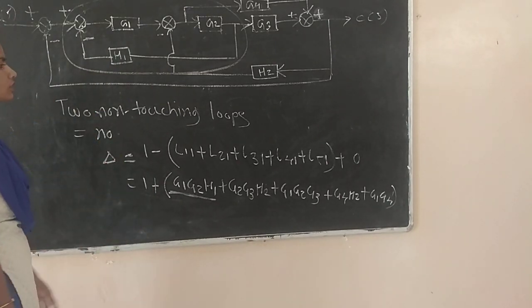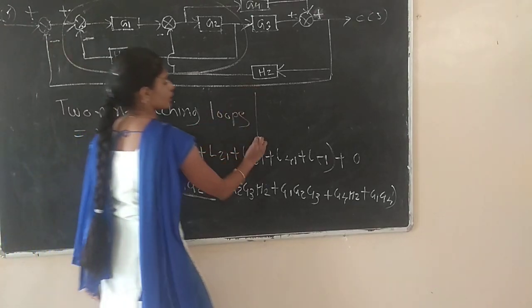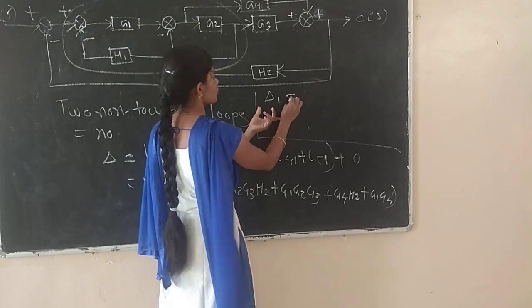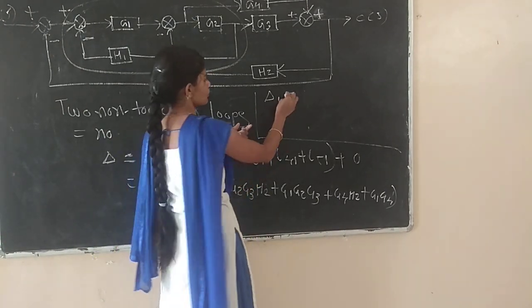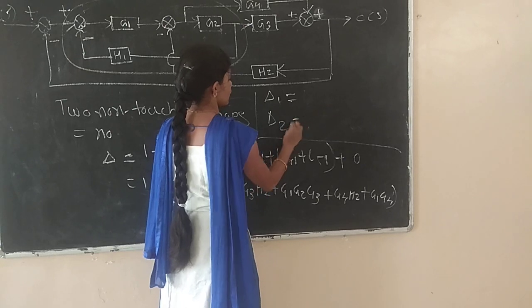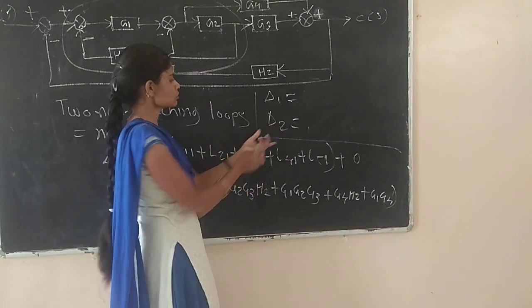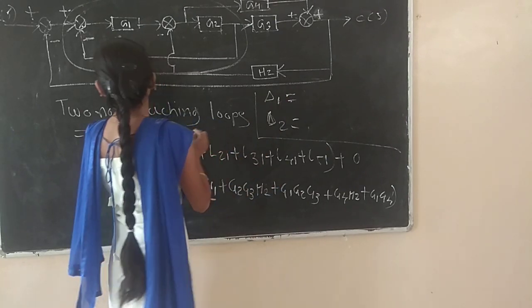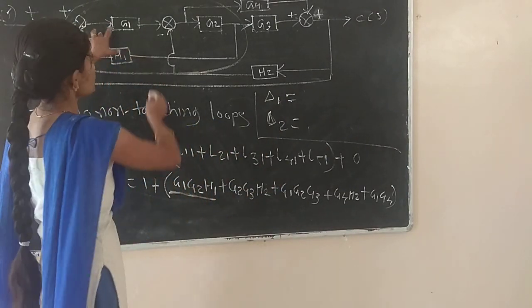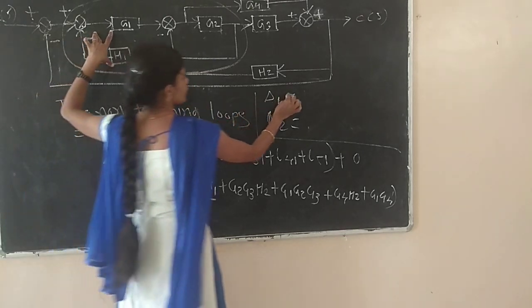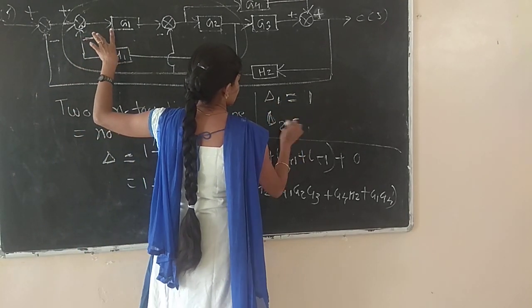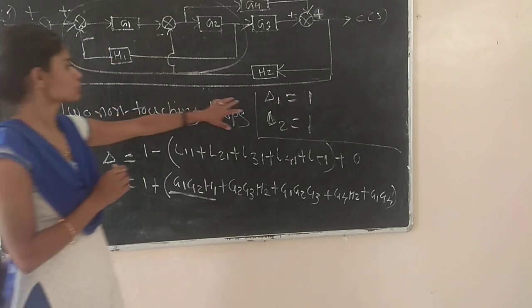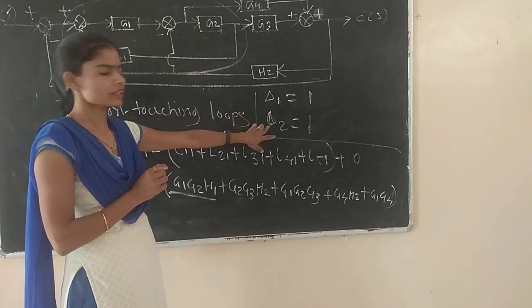Then next step is calculating the del 1. Means the number of loops that touch the first forward path and the number of loops that touch the second forward path. Means del 1 and del 2. But if in the first forward path there is a 1 and del 2 becomes 1, means there is no loop that touches the first forward path and second forward path.